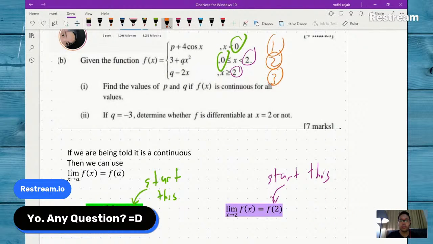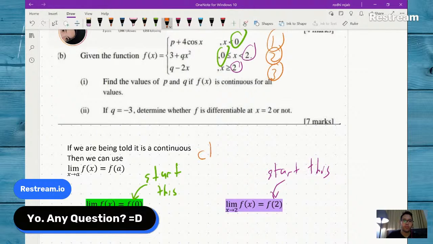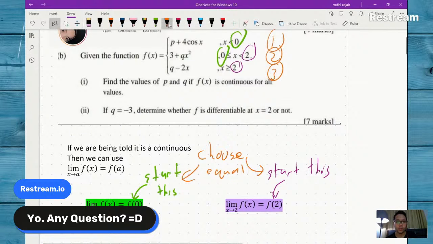If you start with f(0), you should choose the one with the equal, for both of them. So for f(0), which one has the equal? Equation 1, 2, or 3? It's equation 2.